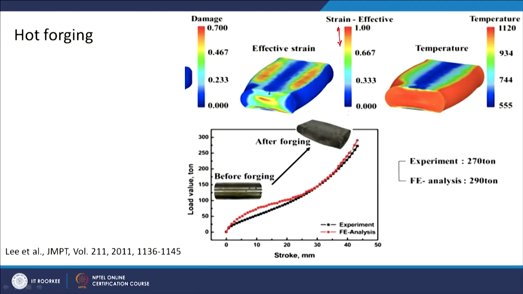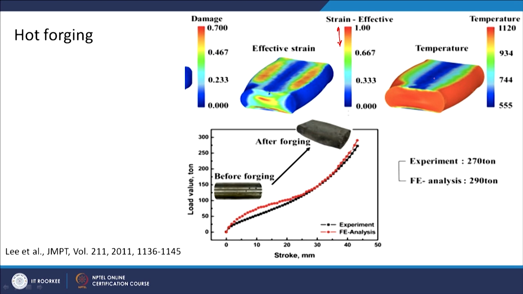Understanding of thermomechanical process is very important to know whether you are reaching a deformation condition which can introduce a defect in the material. So, we have to be very careful about that. Also you can see that there is a temperature profile here. The rest of the billet, as you can see, is still at a high temperature, around 1120 degrees Celsius.